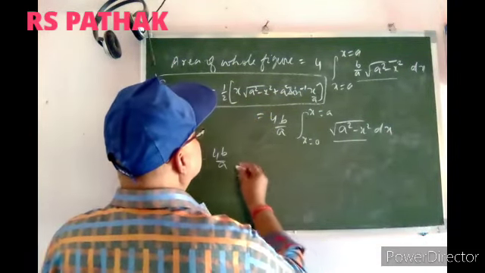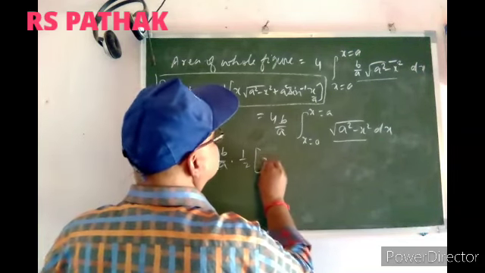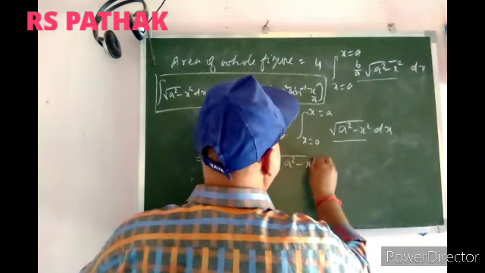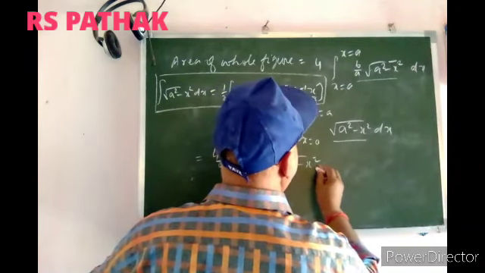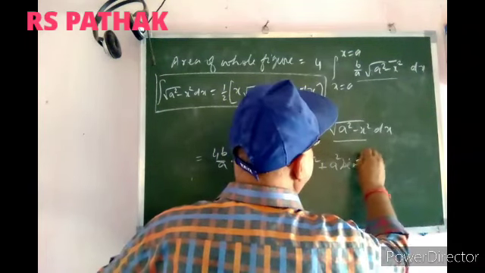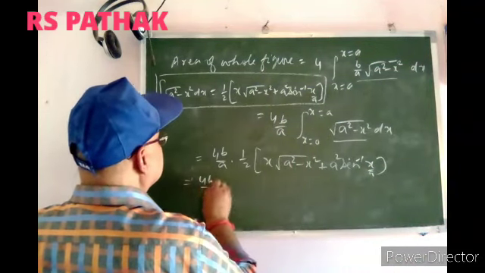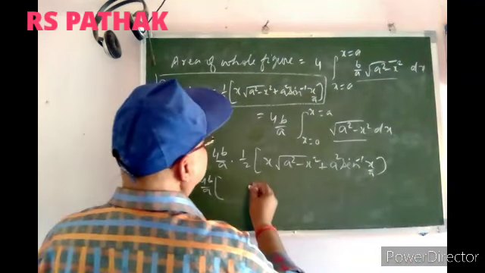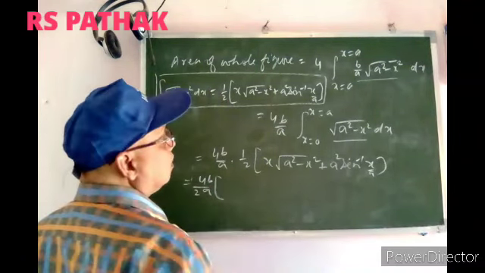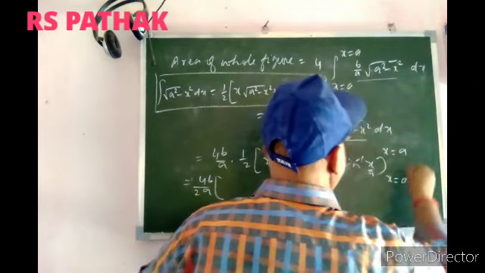Then 4b upon a, 1 upon 2 x under root a square minus x square plus a square sine inverse x upon a, 4b upon a, and this 2 means 2a. The limit will be x equal to 0 to x equal to a.